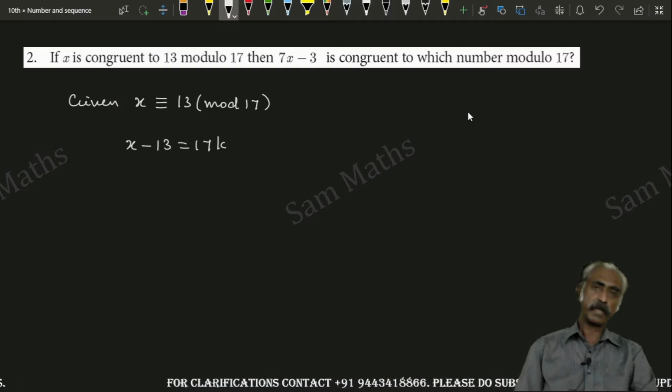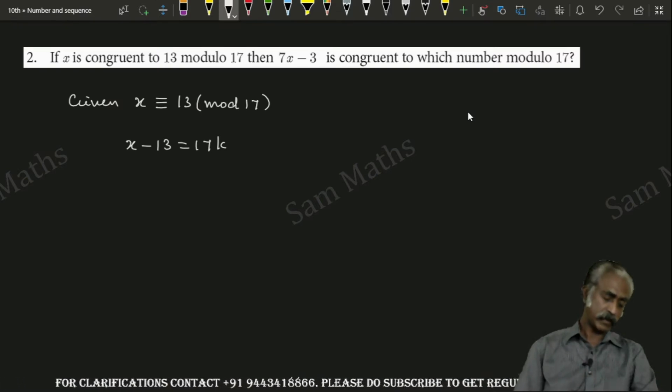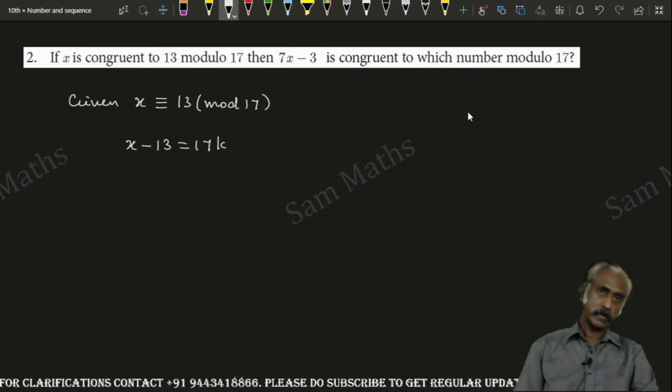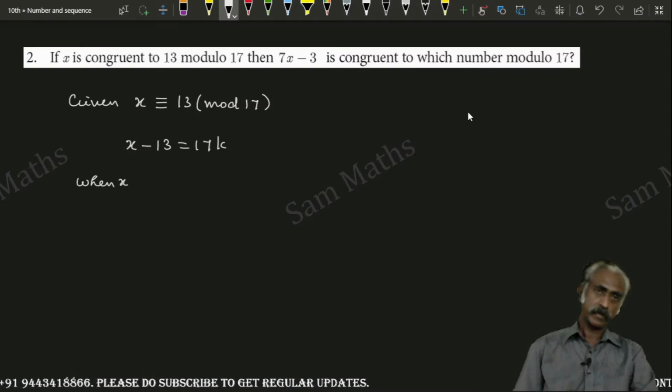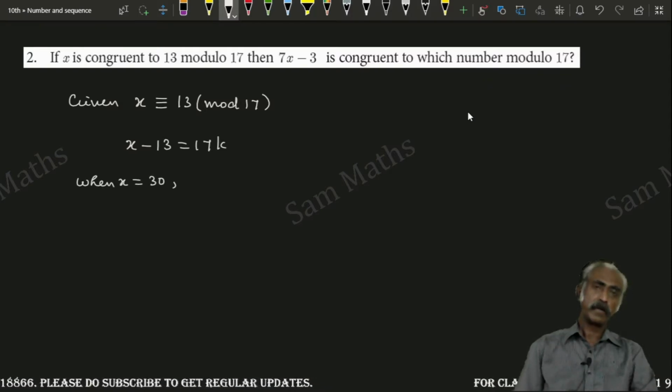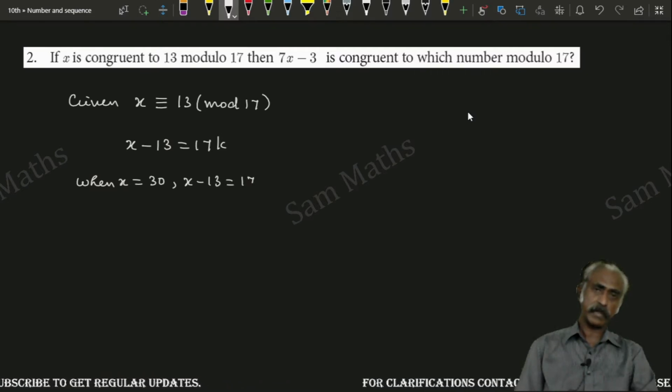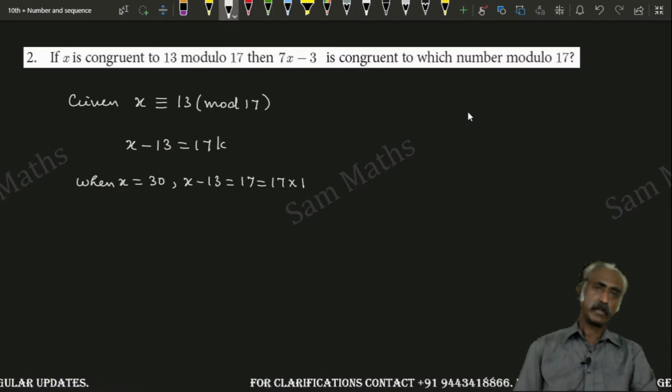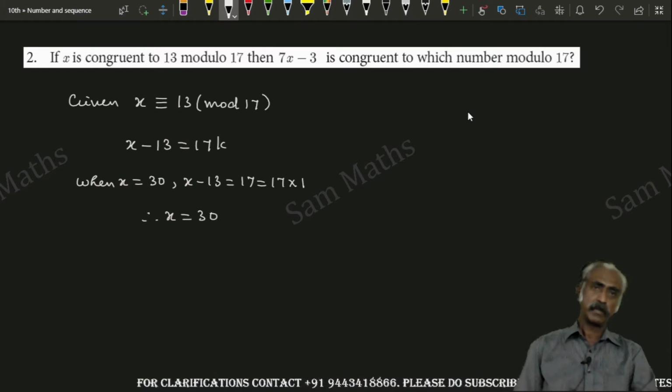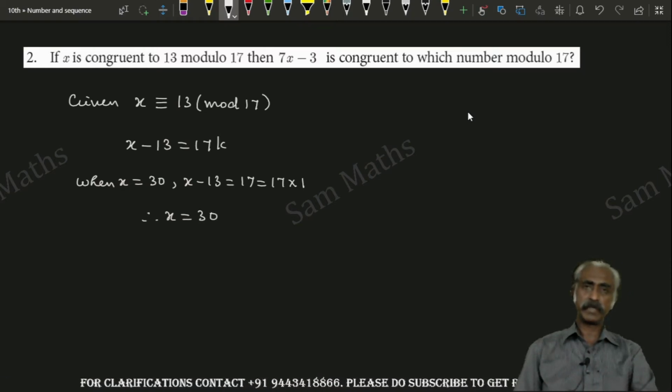Now we have to find the k value. You substitute x equal to 30, you are getting 17 into 1. Am I right? When x equal to 30, we are getting x minus 13 is equal to 17, that is equal to 17 into 1. Therefore, x value 30 is the least positive integer.